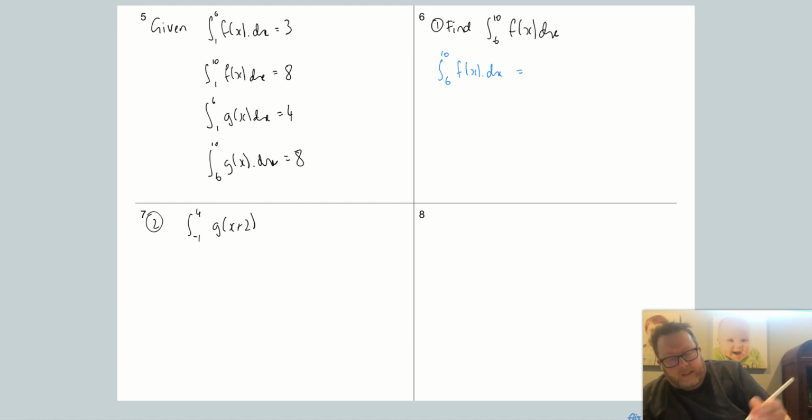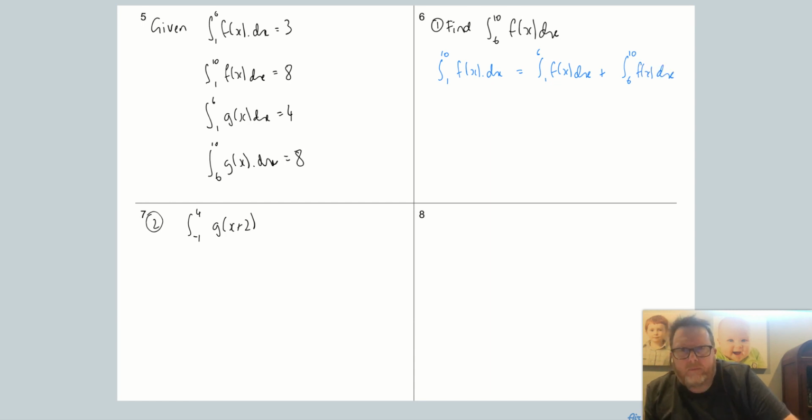So what I might do is actually just go back a little step, because it's probably going to make more sense to do it this way without subtractions to start with. So I'm going to take the integral from 1 to 10, and the reason why I'm doing that is you can see that I've already got a result for that. And I'm going to split that integral into the integral from 1 to 6 of f of x dx plus the integral from 6 to 10 of f of x dx, okay?